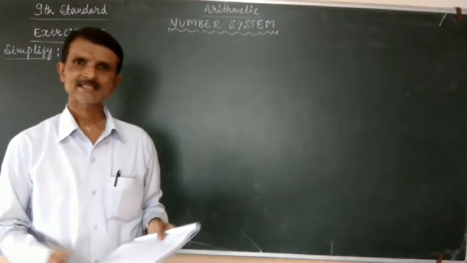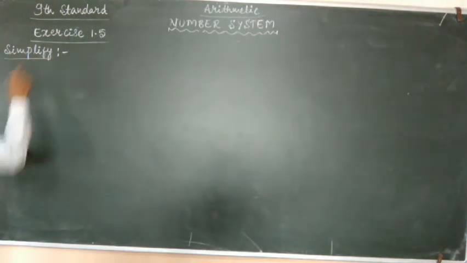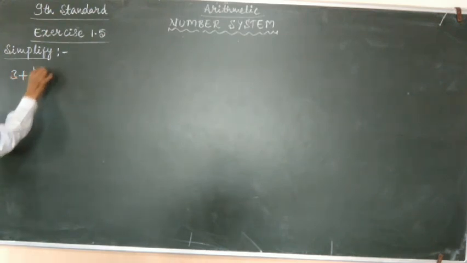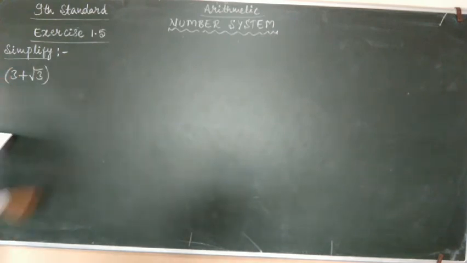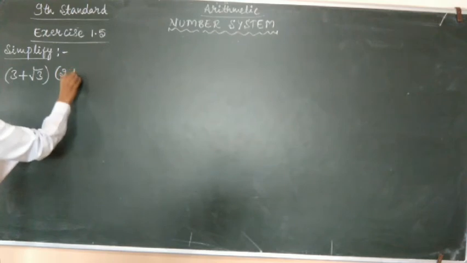Students, now we shall see the second part of exercise 1.5, simplify. The first problem is 3 plus root 3 into 2 plus root 2.